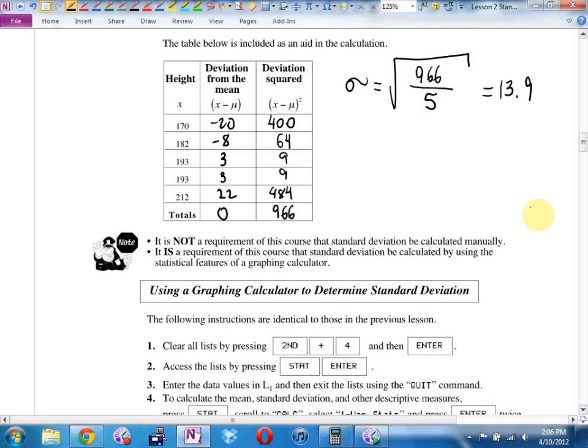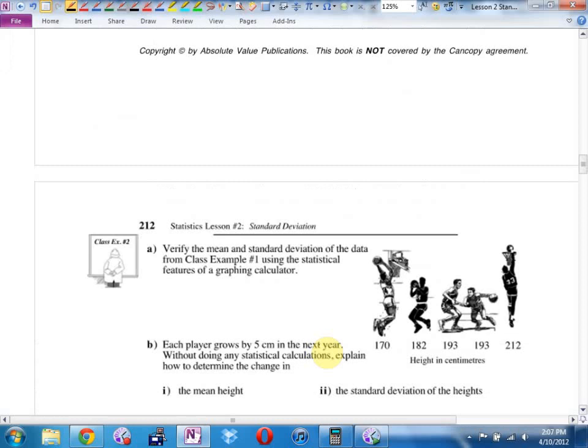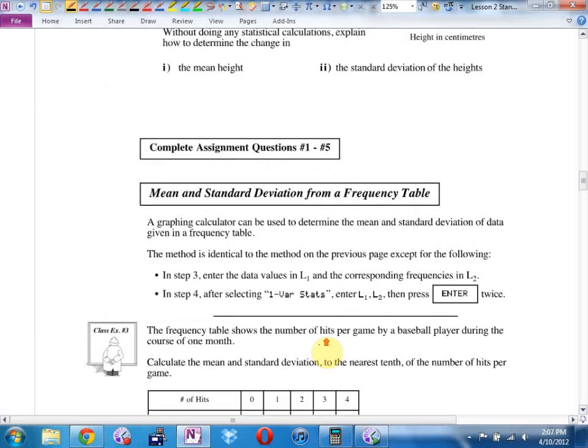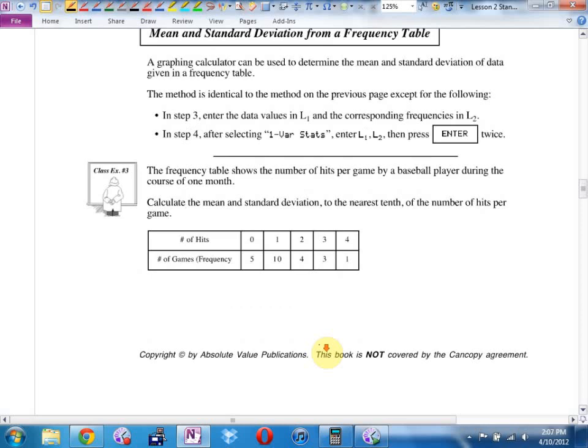So, we've done it by hand, yes? Ugh. Let's do some of this using the technology. So it says using a graphing calculator to determine standard deviation. They're giving the instructions for a TI-83, which is not what I've given you, but I taught you in the last lesson how to type everything in by graphing calculator hand. So use the notes from the last lesson, and let's jump straight to finding the mean and the data from a frequency table, example 3.